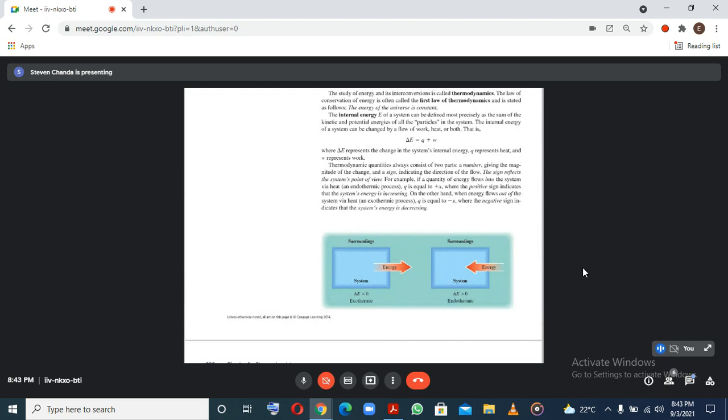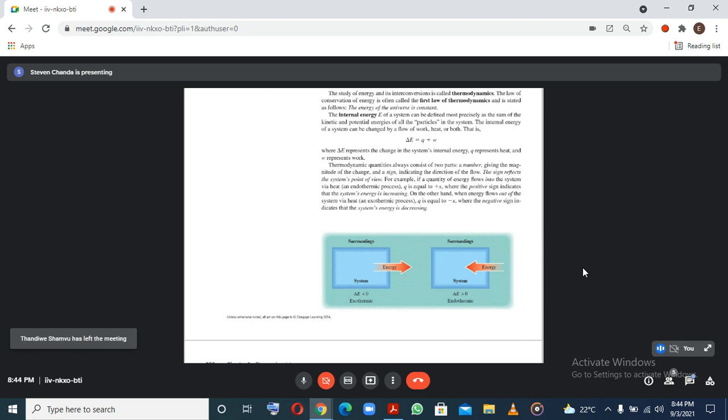So now, you remember me talking about heat and work. Here I'm going to explain more on what those terms mean, and then we can look at examples and proceed from there.